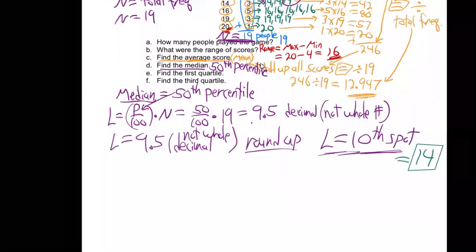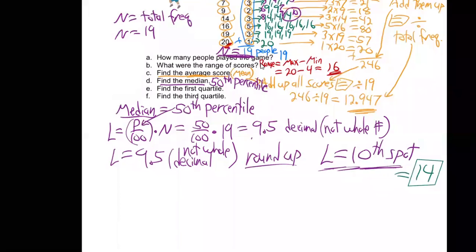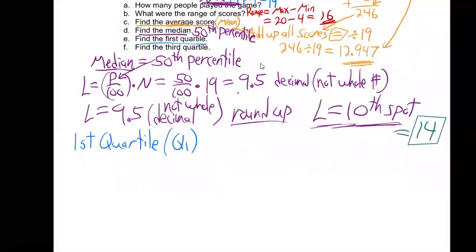Let's find the next part here, which is the first quartile, Q1. So how do we find that? 25 divided by 100 times 19. It's the 25th percentile, into the first quarter.